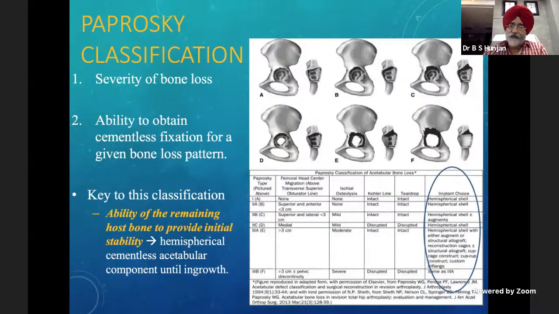So Paprosky has given us the best classification, and this classification tells us the severity of bone loss and the ability to obtain cementless fixation for the given bone loss pattern. The key to this classification is the ability of the remaining host bone to provide initial stability for a hemispherical cementless acetabular component until ingrowth.